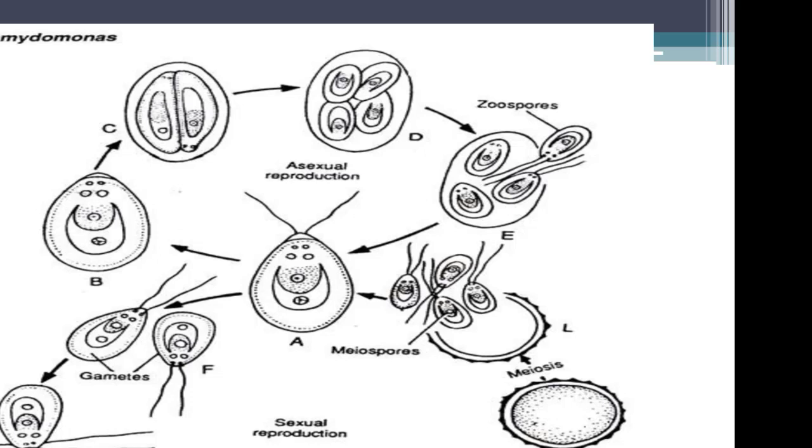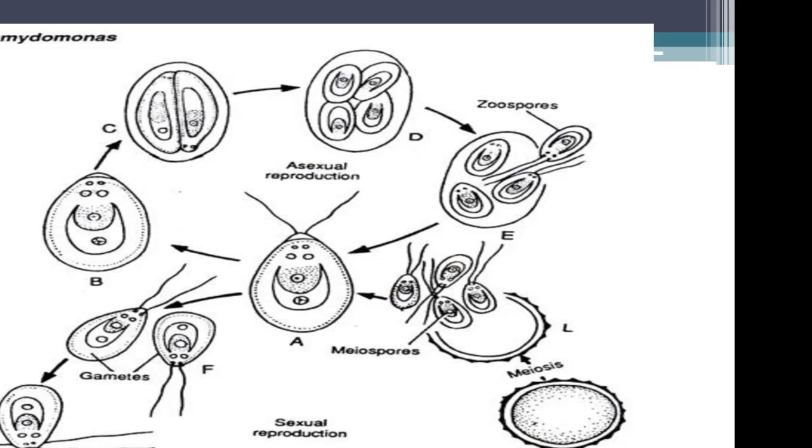In favorable conditions, when they grow up to the mark, they lose their flagella and become deflagellated. After that, they divide mitotically, 1 to 2, 2 to 4, and those 4 cells come out in the form of zoospores.